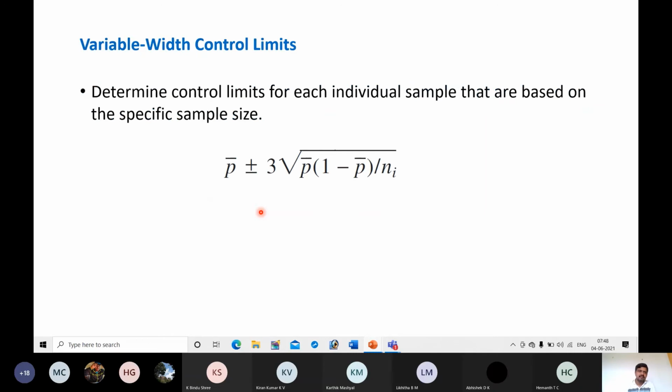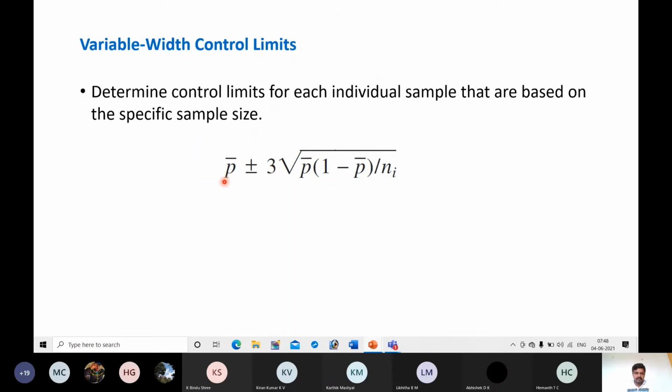First, consider variable width control limits. Determine control limits for each individual sample. That means for every sample, upper control limit and lower control limit are different values. Each individual sample's limits are based on the specific sample size, so here you should consider sample size also. This is the general equation to find the upper control limit and lower control limit.